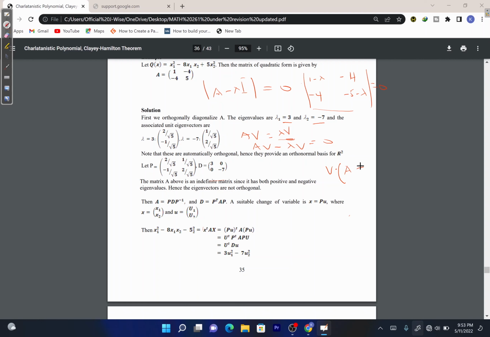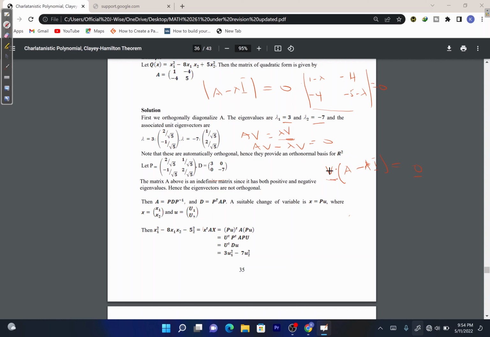We need to introduce our identity matrix. So we get (A minus lambda I) v equals 0.